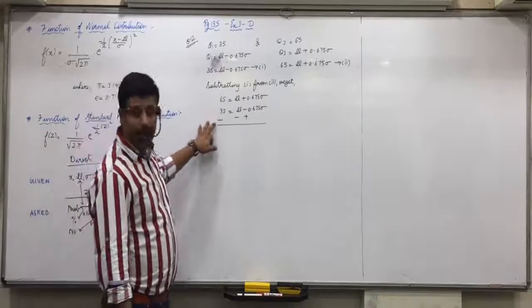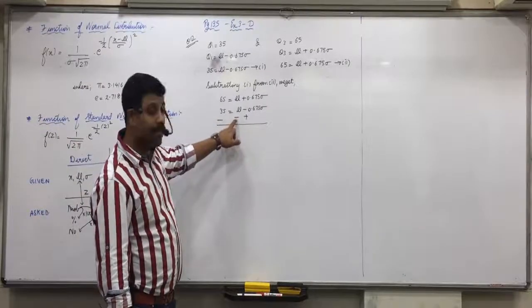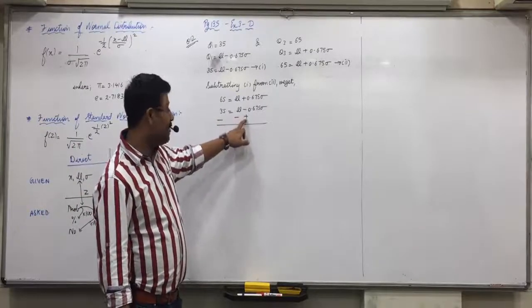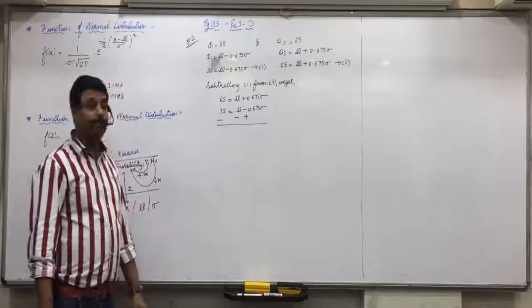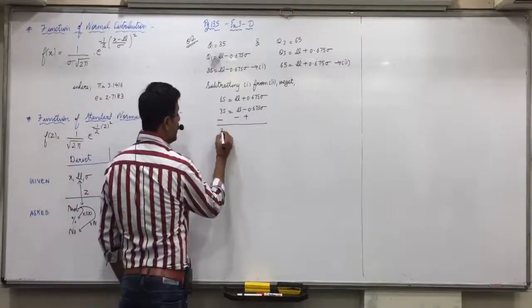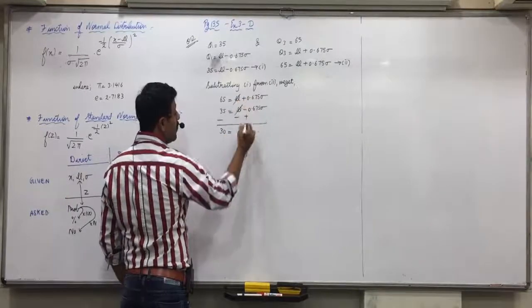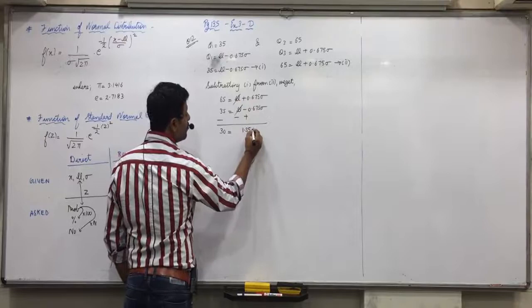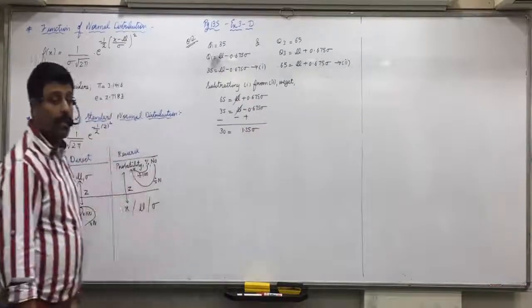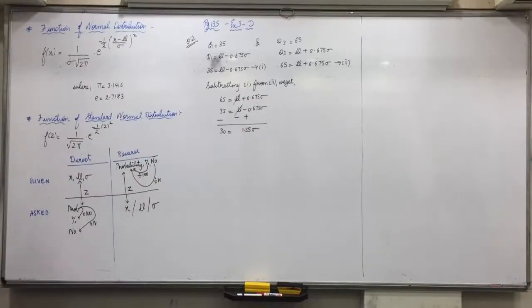This plus will become minus, this plus will also become minus, and this minus will become plus. Okay. 65 minus 35, 30. Mu minus mu, cancel. And 0.675 plus 0.675 is 1.35.